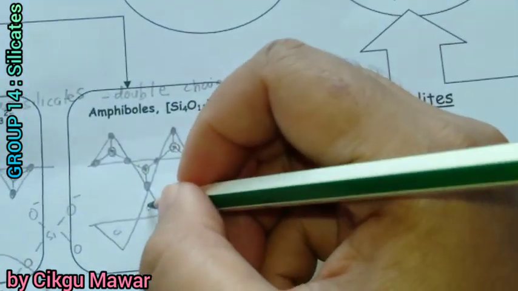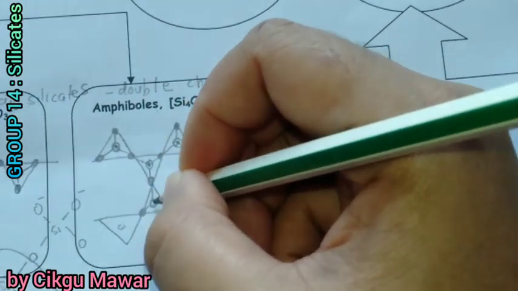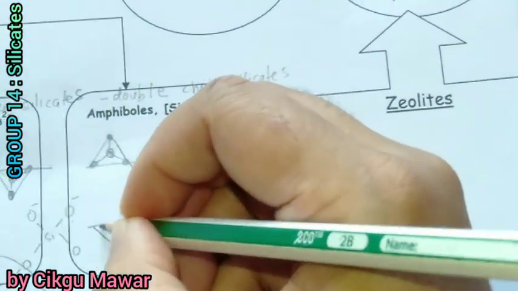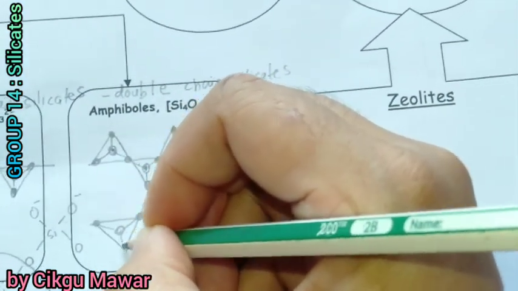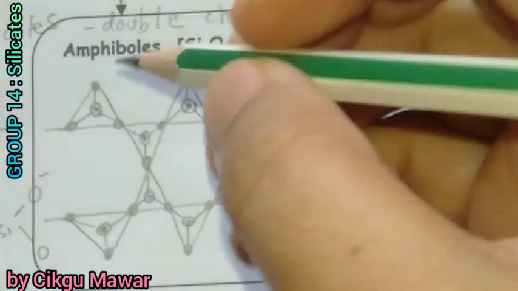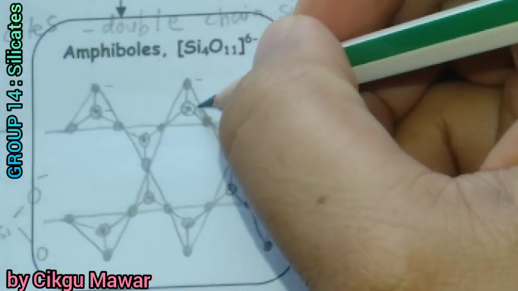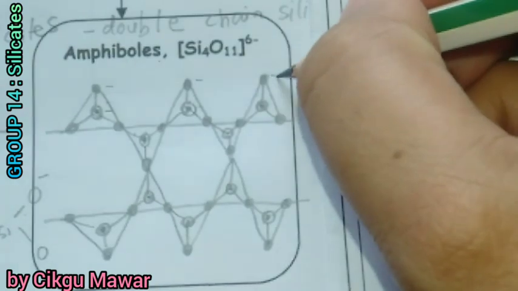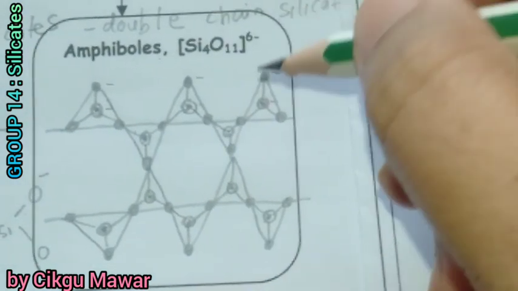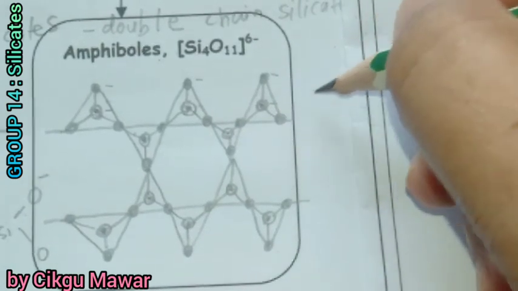Then continue with the one below, because it is a double chain. Then you complete it. Now the charge in amphibole. We put minus, minus, minus, and at the backside 1 minus here. At the edge, then the backside. This one is bonded with another tetrahedron.